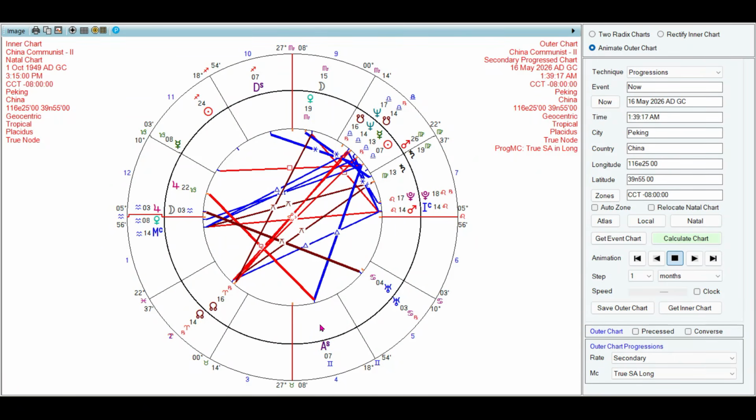If you see, the ascendant is also forming a trine to the sun, which is in the 8th house. Sun is supposed to be the king of all the planets, and sun is the lord of the 7th house.